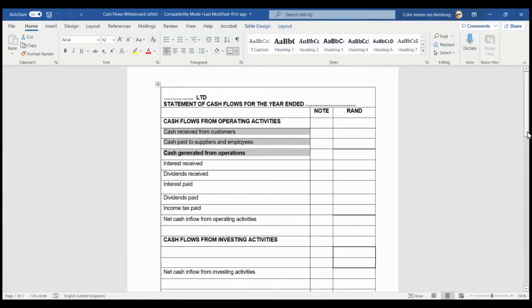It is its wheelings and dealings with its customers and its wheelings and dealings with its suppliers and employees, ladies and gentlemen. So, in effect, your operations are your day to day normal trading activities. Whether you are a manufacturer or a service business, a retailer or a wholesaler, it doesn't matter. This operations section deals with your normal, ordinary, day-to-day trading activities. I hope that is clear, ladies and gentlemen.